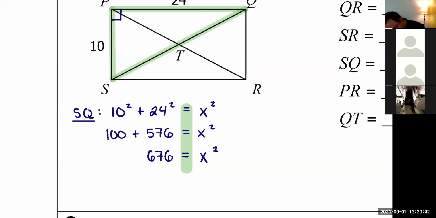And then how do I get that X by itself? I get rid of the square. Yep. Square root. Yep, you got it. We're going to take the square root of both sides.